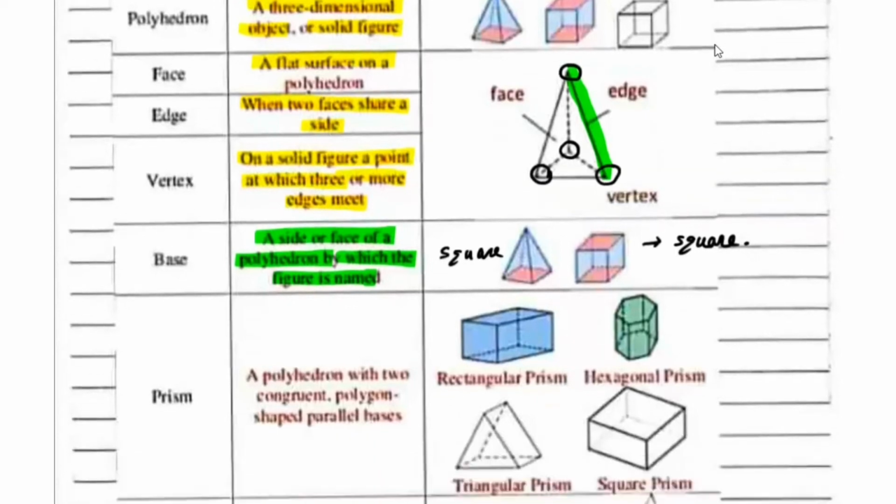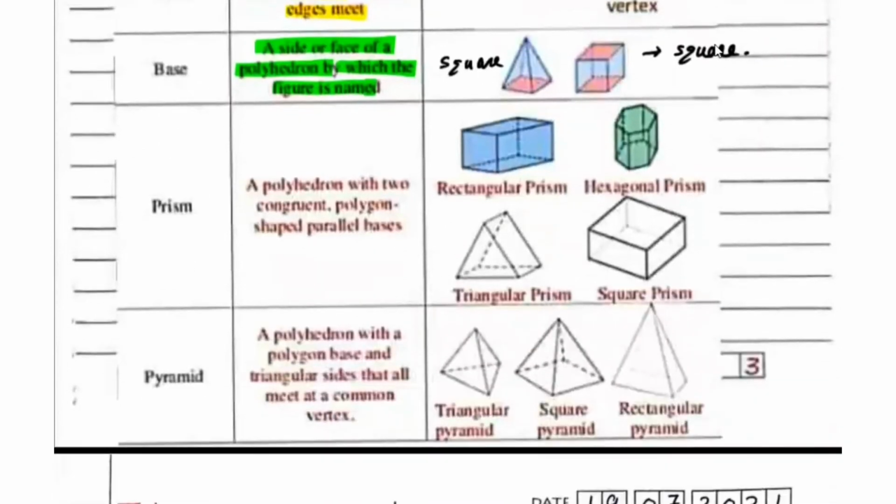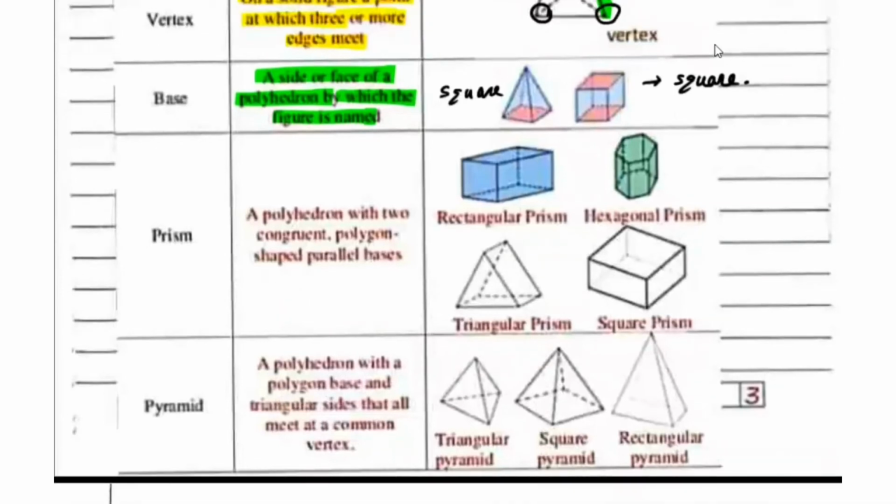Now children, let us discuss prism and pyramid. Now what is a prism? A polyhedron with two congruent polygon-shaped parallel bases. You can see a regular prism. Sorry, a rectangular prism. In a rectangular prism, all the faces are in the shape of a rectangle, right?